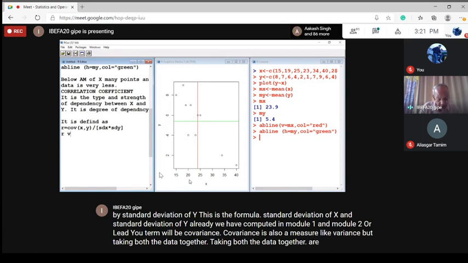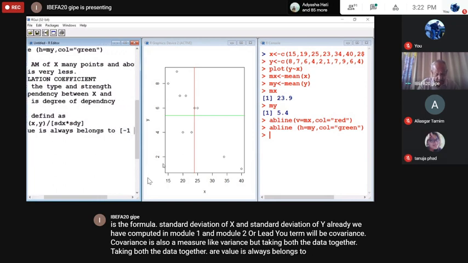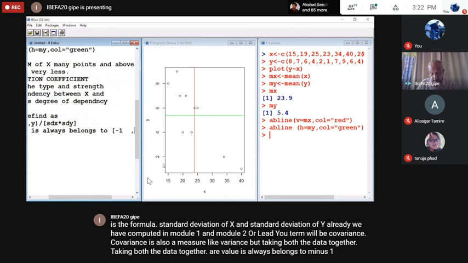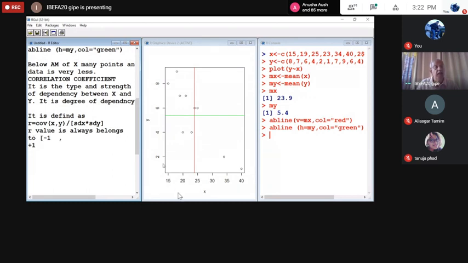R value always belongs to -1 and +1. It always belongs to -1 and +1.